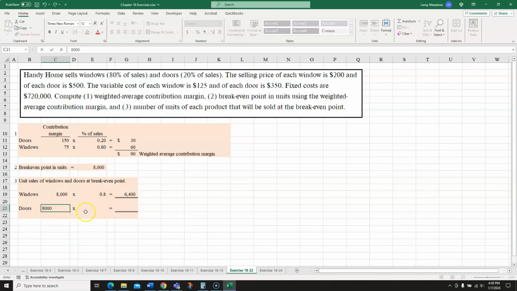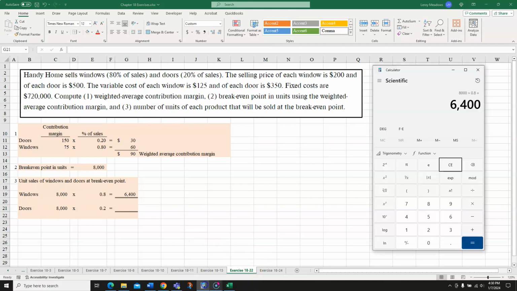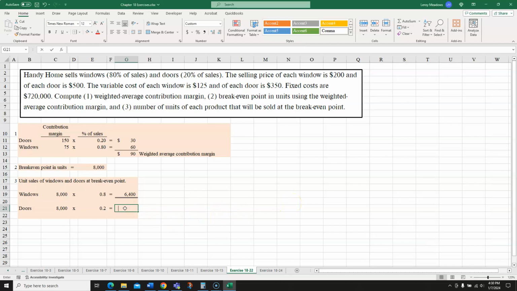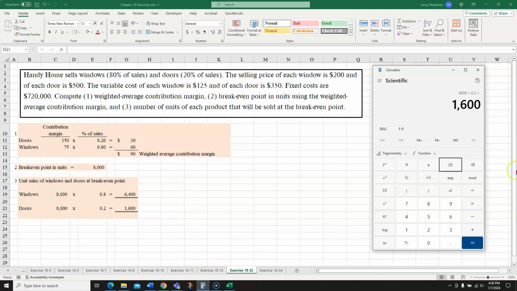Now, out of my total sales mix of 8,000, 20% comes from doors. So when I take my 8,000 times 0.20, I will get 1,600. And just to double check my work, take my 6,400 windows that I need to sell to break even, assuming this sales mix of 8 to 2.